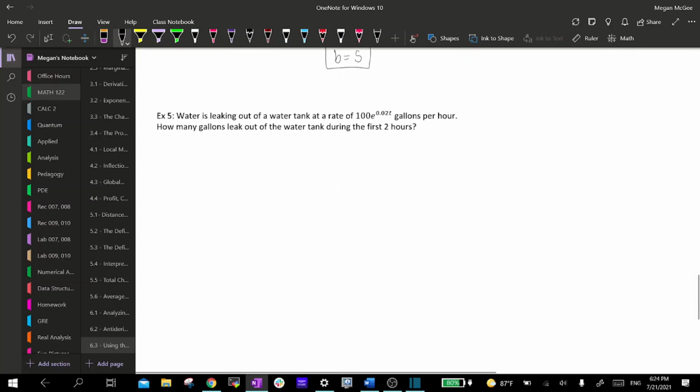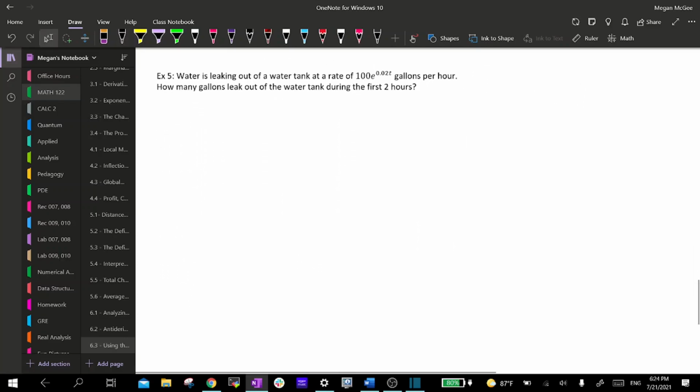Let's look at example 5. We're told water is leaking out of a tank at a rate of 100 times e to the 0.02t gallons per hour. How many gallons leak out of the water tank during the first 2 hours? All right, so we're asked what is the total amount of water that has leaked, also known as the total amount of change, which means we need an integral.